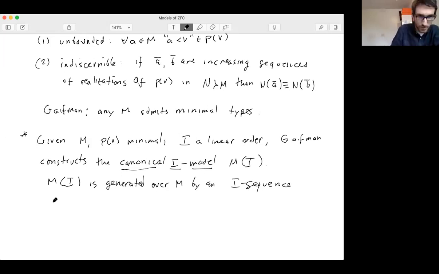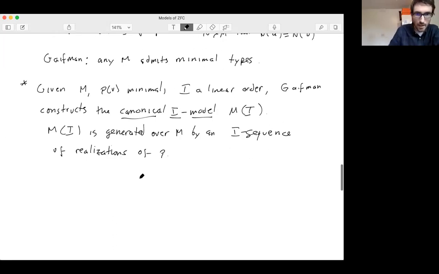An I-sequence of realizations of p. And it satisfies that the generators are order indiscernible.